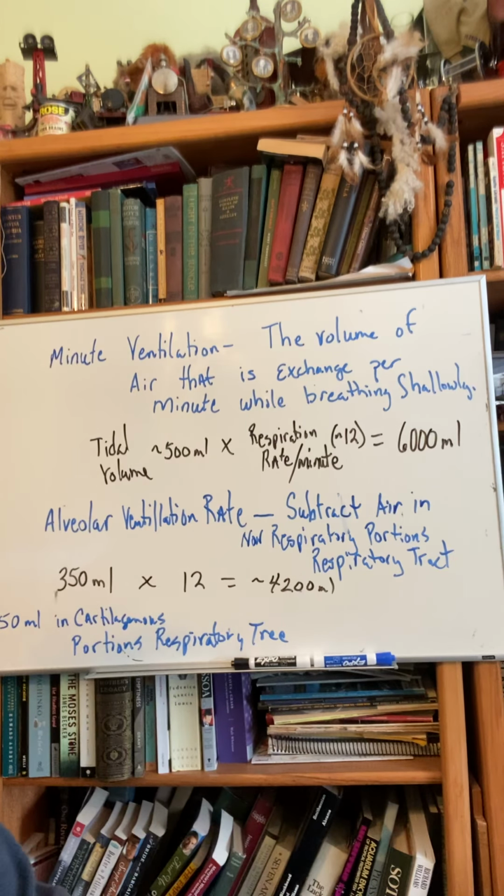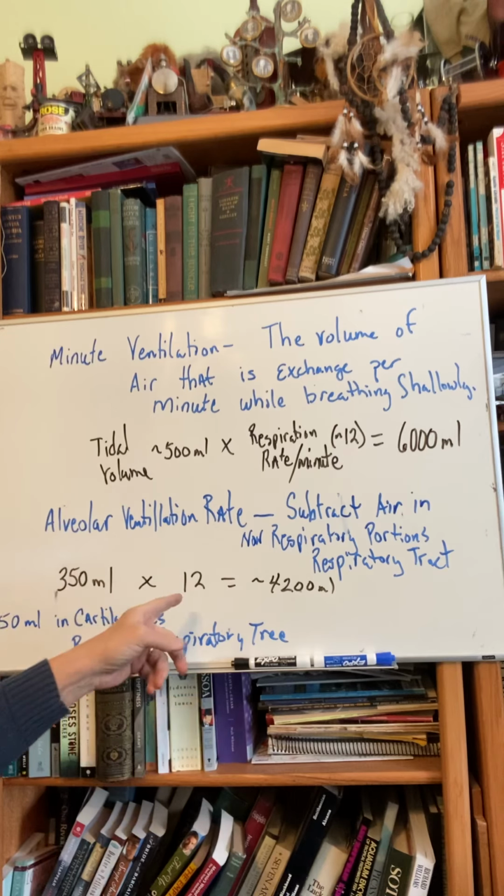This is in the trachea, and those bronchi and bronchioles that are cartilaginous. So if we subtract 150 milliliters from that 500 milliliters, that leaves us 350 milliliters of air with every breath that is making its way to the respiratory surfaces.